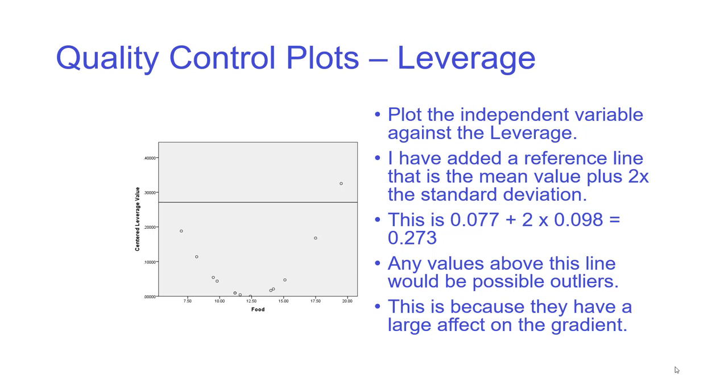So the reference line in this case is the mean plus 2 times the standard deviation. Again, it's 0.077 plus 2 times 0.098, which is 0.273. Any values above that are possible outliers. It doesn't mean they definitely are, and if you look at the way that curve is shaped in terms of the U, it seems a natural progression.